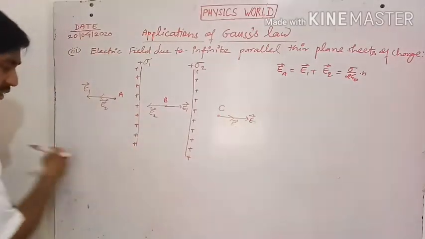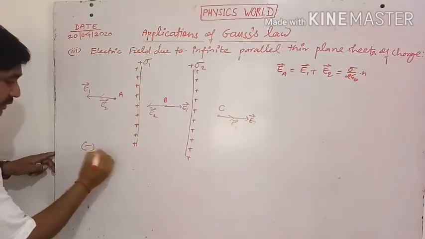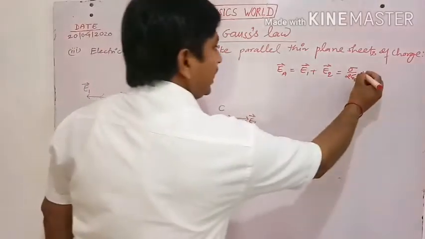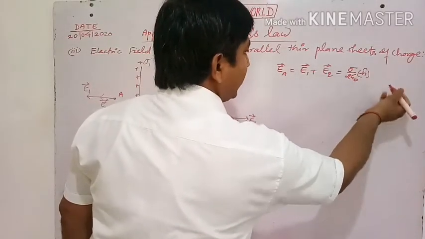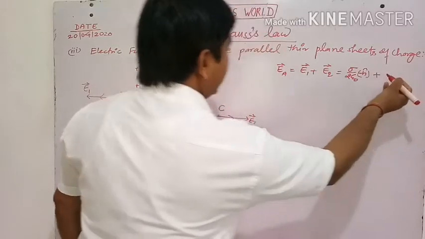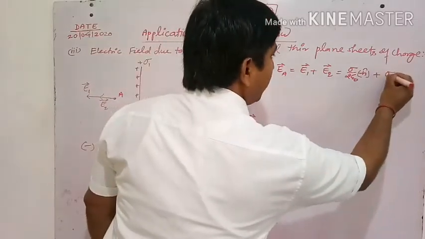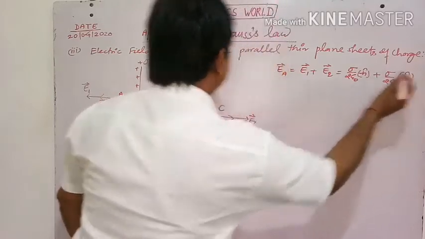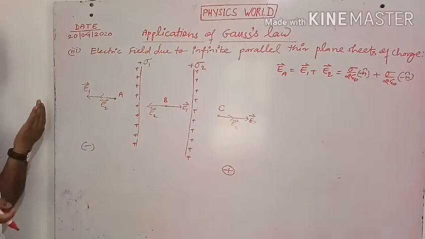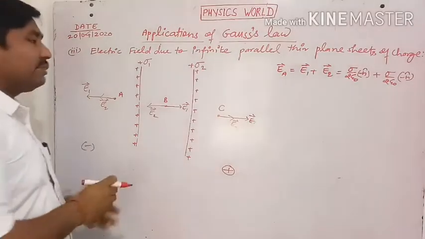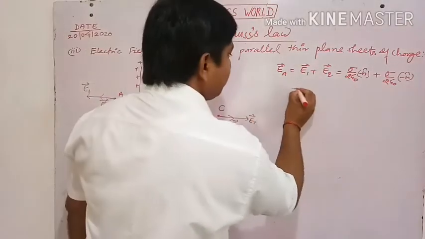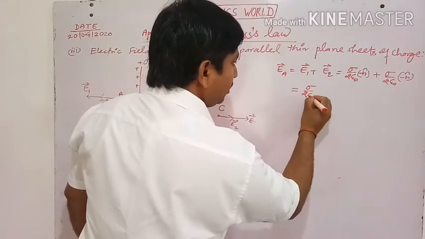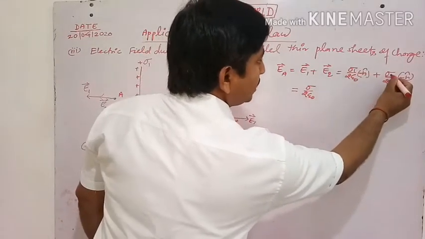If we take the direction of left side as negative and direction of right side as positive, then this can be written as sigma 1 upon 2 epsilon naught minus n cap plus sigma 2 upon 2 epsilon naught minus n cap, because both have the same direction and direction of the electric field is along left side.